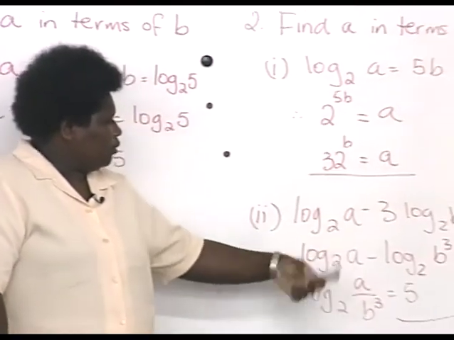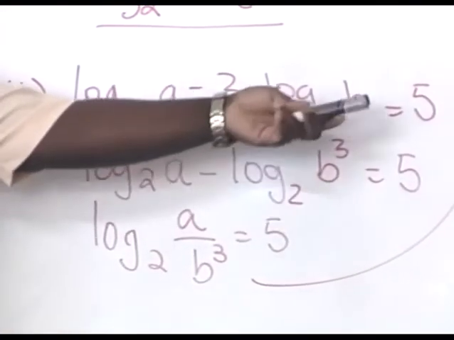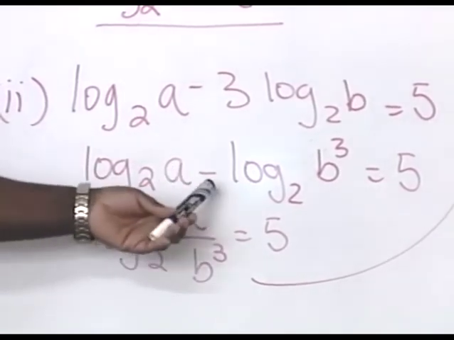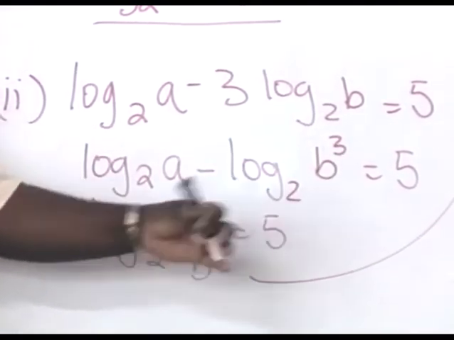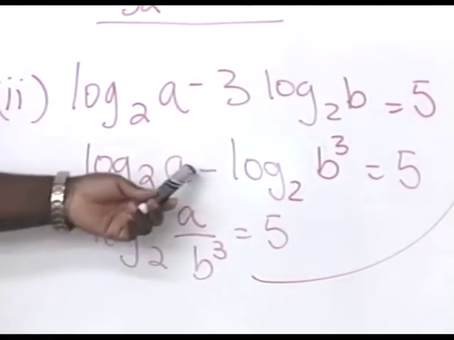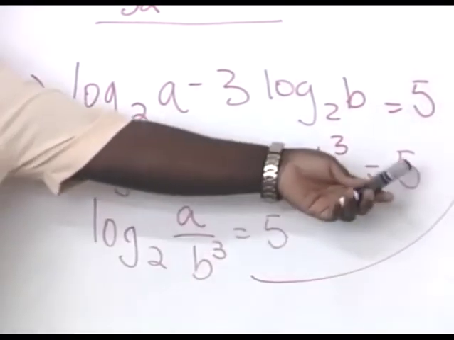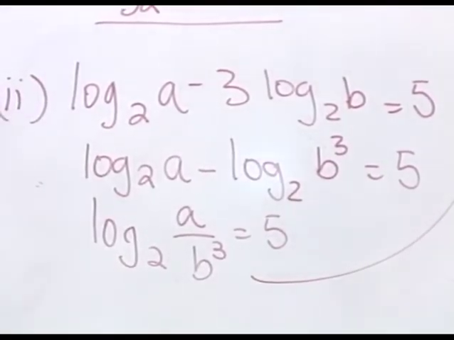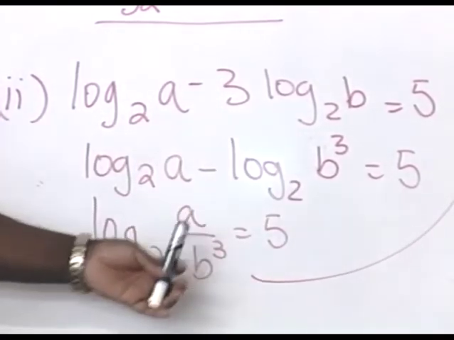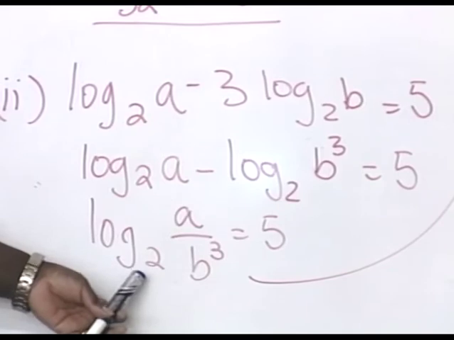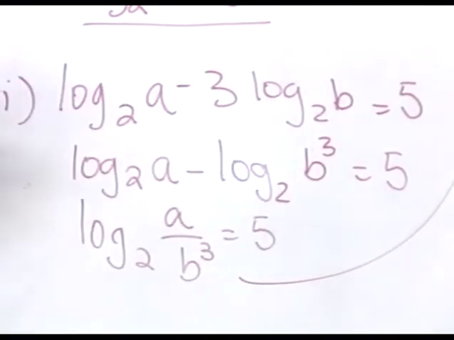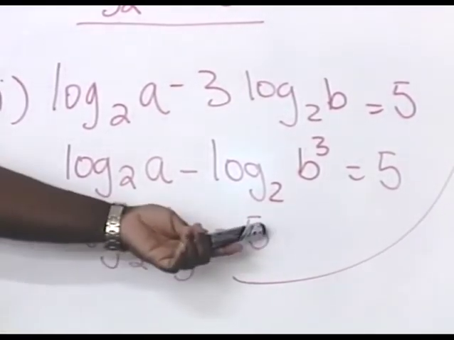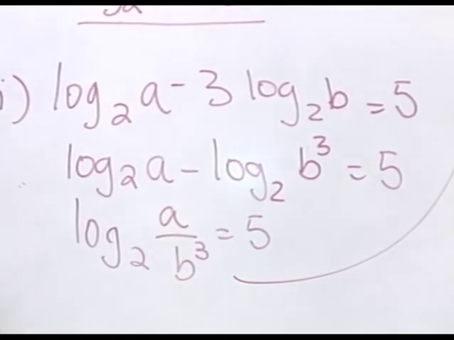Right, the last example. If log of a base 2 minus 3 log of b base 2 is equal to 5, then 3 log of b base 2 is log of b cubed base 2. Log of a base 2 minus log of b cubed base 2 is equal to 5. Right, that means log of a over b cubed base 2 must be equal to 5. And we all know that that's supposed to be an index, so 2 to the power of 5 will be equal to a over b cubed.